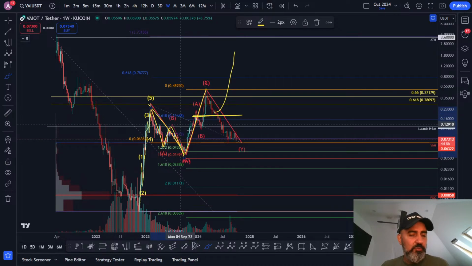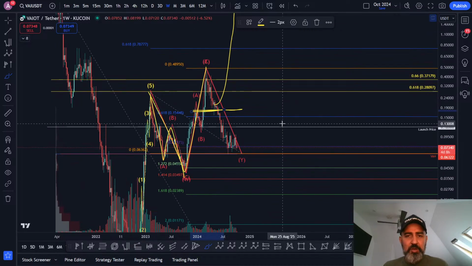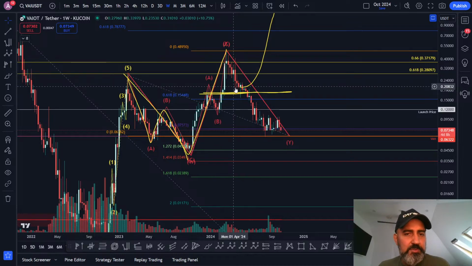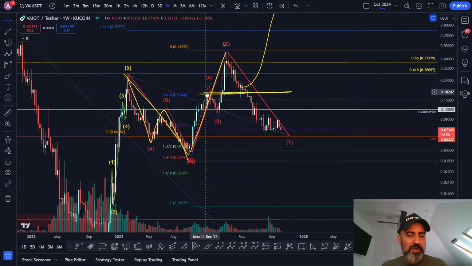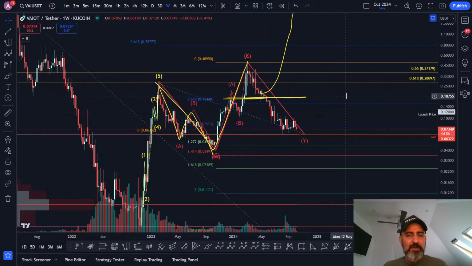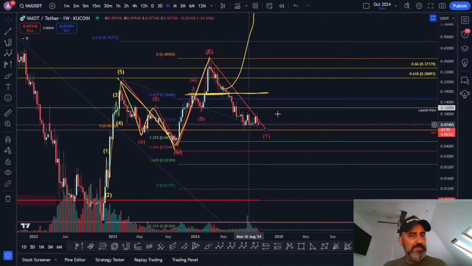That's what I was thinking when I initially analyzed this: that's your ABC, and we're looking for one more impulse, as long as the rules aren't broken, which is that wave one mustn't come underneath that point. The fact that it did means that this is no longer an impulsive count. It's a corrective count.